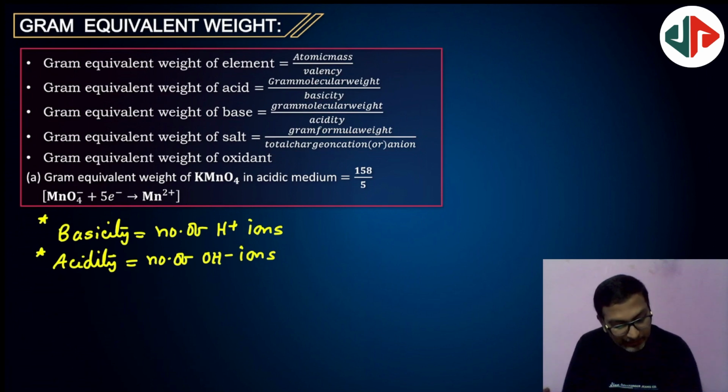Next, gram equivalent weight of oxidizing agent or reducing agent. Here also, simply formula weight by change in oxidation state. We'll have the complete formula here.